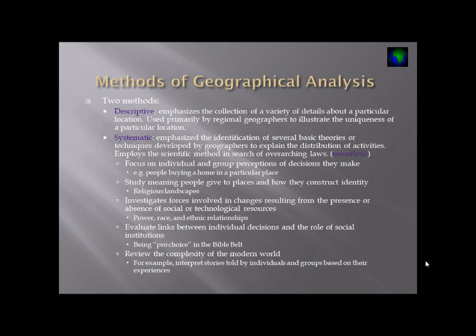It employs the scientific method in search of overarching laws, so it's nomothetic. Systematic is very keyed in to statistical analysis and other ways to quantify, through population growth, gross per capita income, all those things that are measurable and mathematically quantifiable.